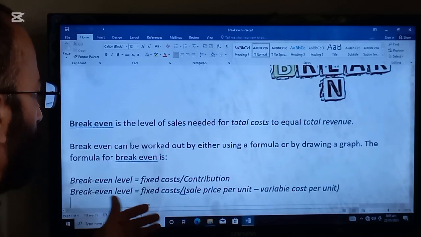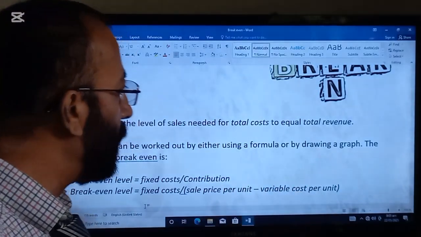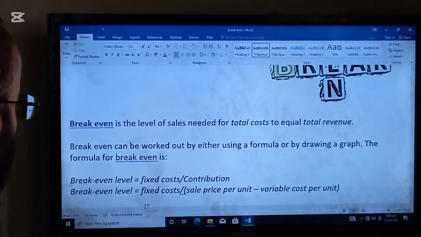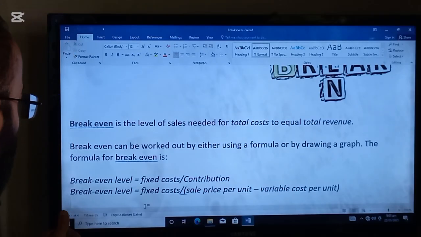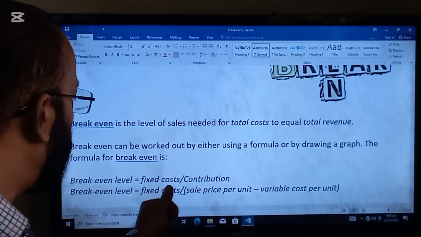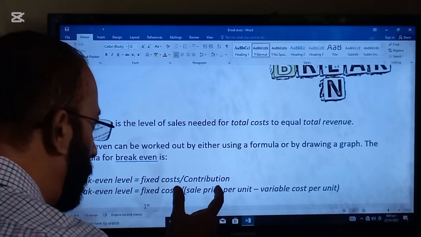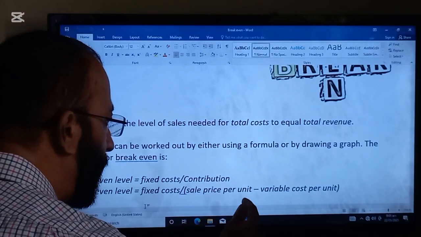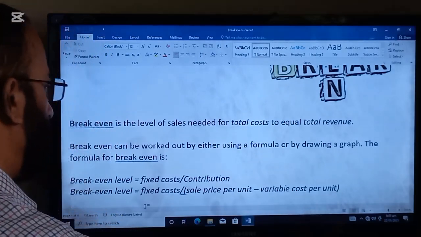Break-even can be worked out either by using a formula or by drawing a graph. The formula for break-even is: break-even level is equal to fixed cost over contribution. The formula for contribution is sale price per unit minus variable cost per unit.